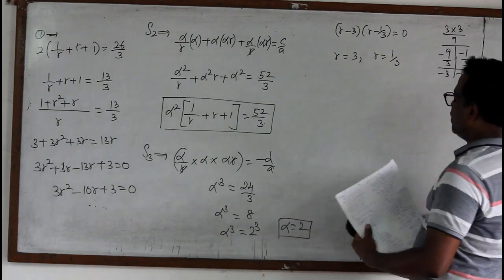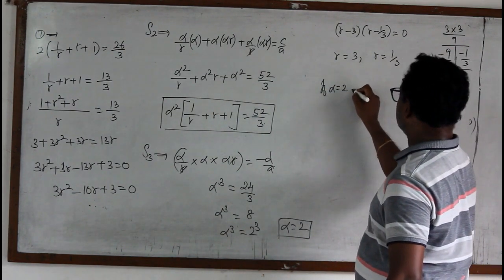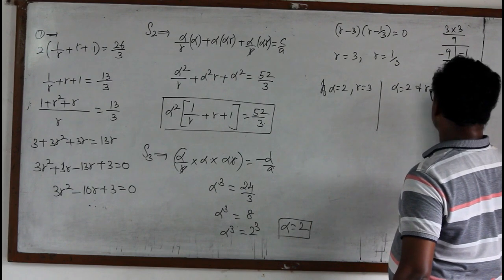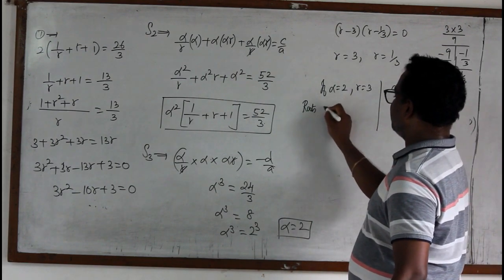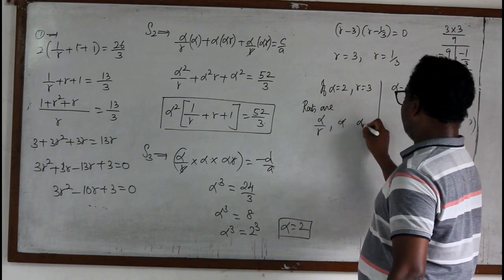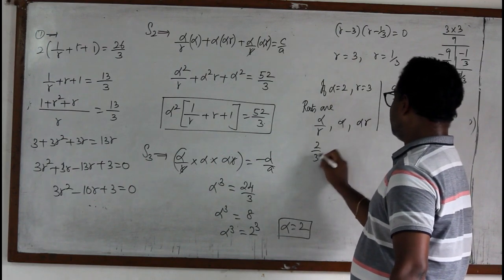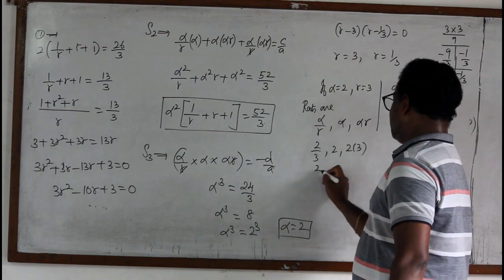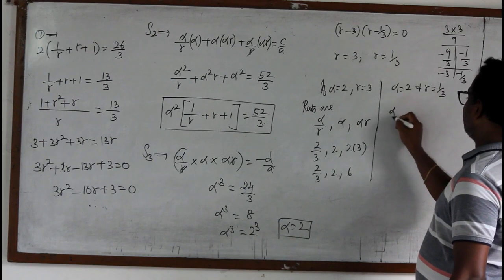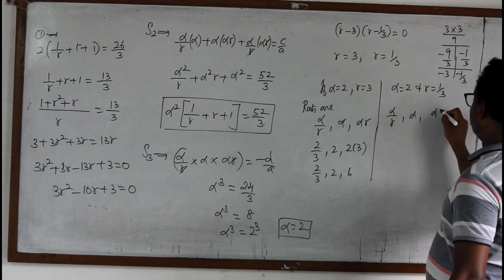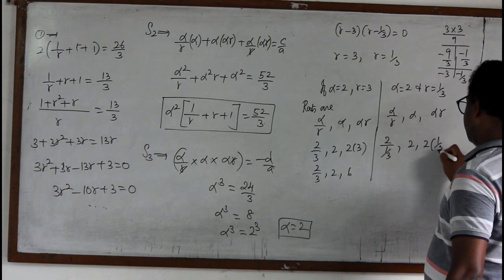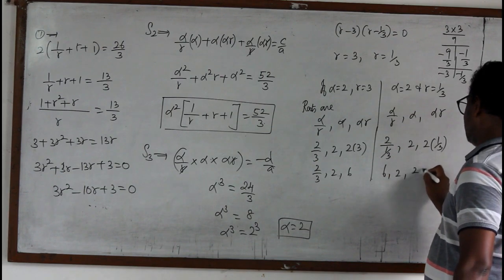Therefore, the roots are: if alpha is 2 and r equal to 3, the roots are alpha by r, alpha, alpha into r, that is 2 by 3, 2, 2 into 3, which is 2 by 3, 2, 6. Similarly, if alpha equal to 2 and r equal to 1 by 3, it is alpha by r, alpha, alpha into r: 2 by 1 by 3, which is 6, 2, and 2 into 1 by 3, which is 2 by 3.